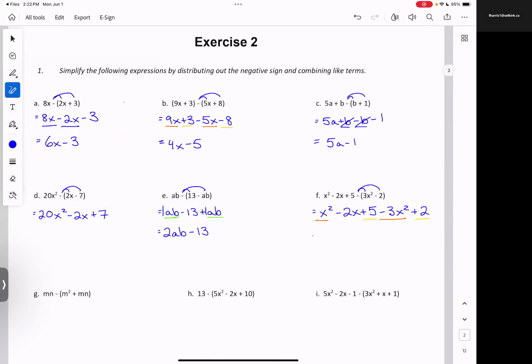And so when I do my combining, I've got x squared minus 3x squared. Remember, that's like 1. So 1 minus 3 gives us -2. So we end up with -2x squared. And on these longer ones, feel free to cross them off as you go so you don't forget anything. Then we've got minus 2x, and then we've got 5 plus 2 gives us plus 7.